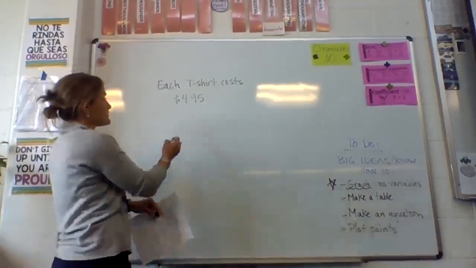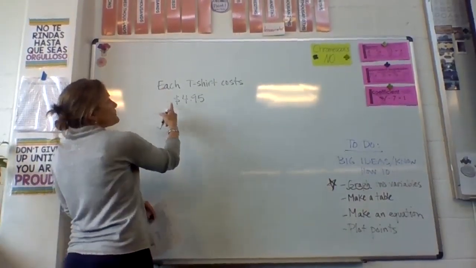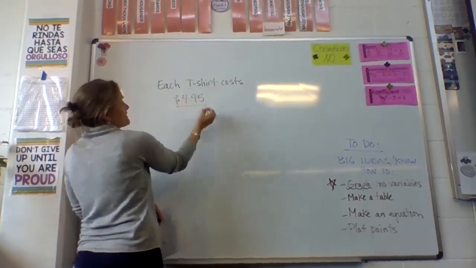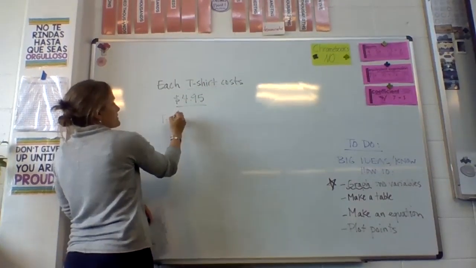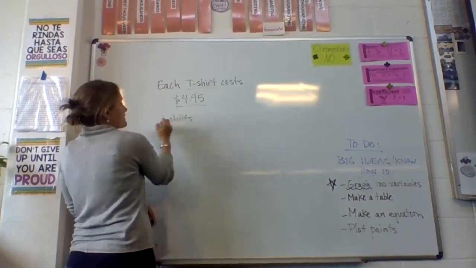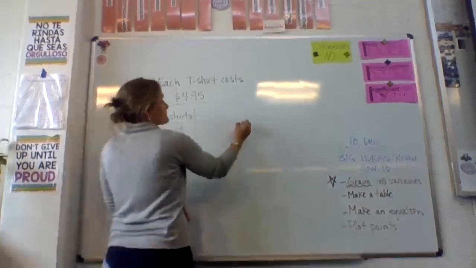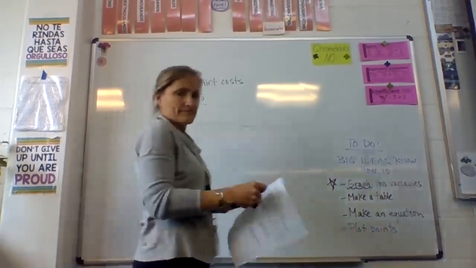So how we make the table is to say the first variable is t-shirts and the second variable is cost. So we have t-shirts and cost. And I need a darker marker, I just realized.